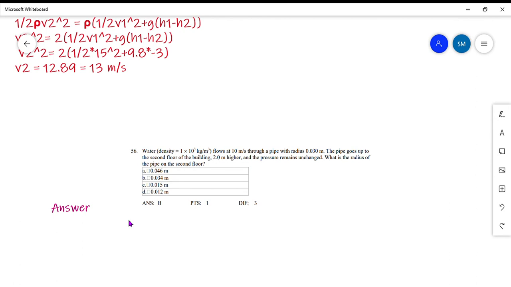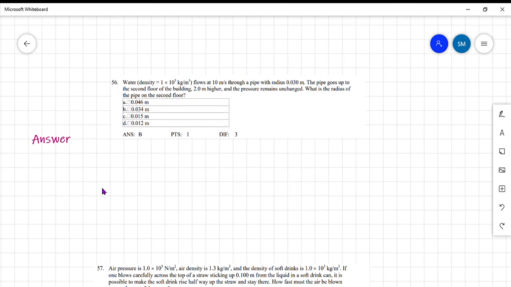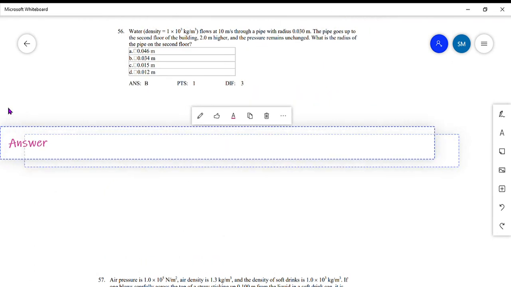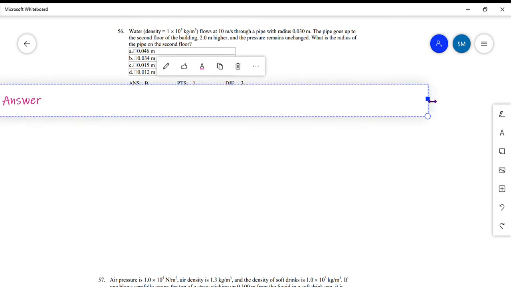Question number 56. In this question, we will use the same rule, which we concluded here.